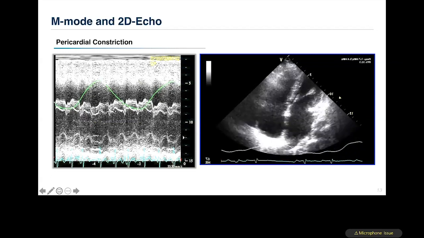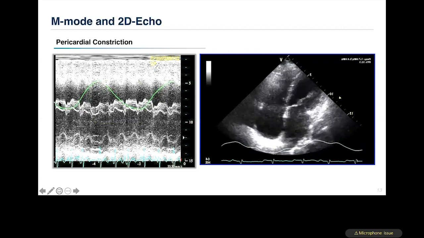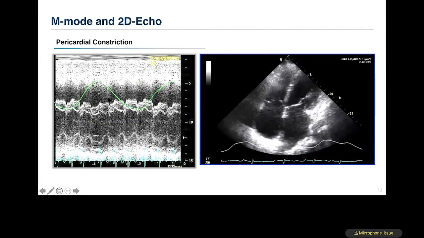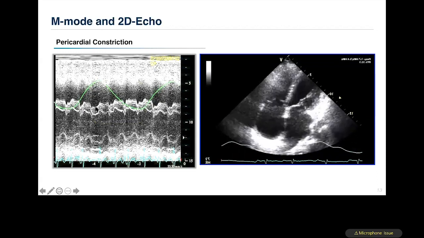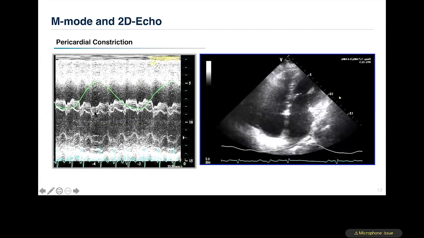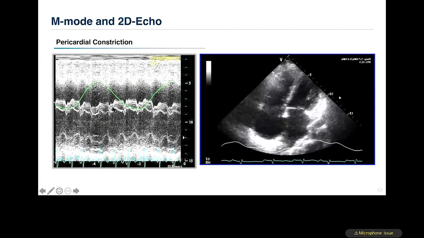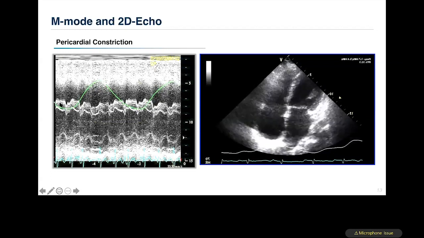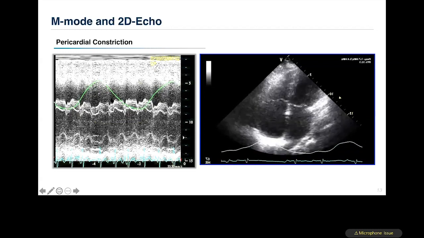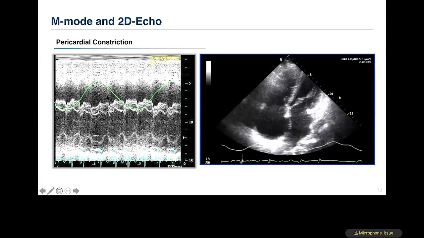In addition, the septum is moving from the RV side to the LV side and vice versa. So there are two components of the abnormal septal motion: the septal shudder and the movement back and forth from the RV towards the LV.